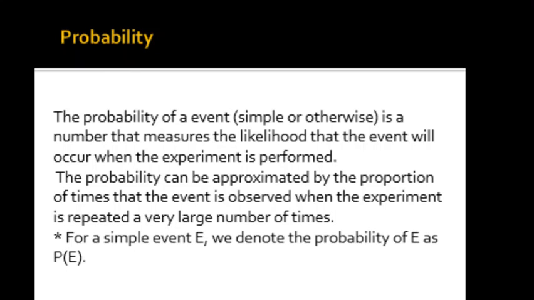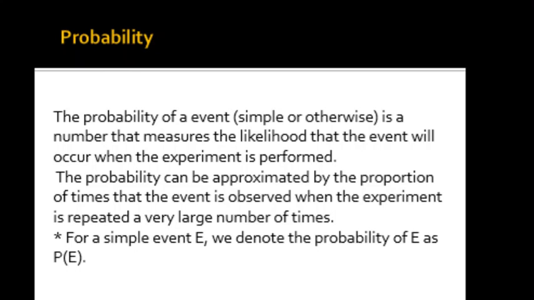So probability of an event is the number that measures the likelihood that that event will occur when an experiment is performed. That event could be a simple event, or it could be an event which is a combination of some simple events. Usually the probability will be approximated as a proportion of times that event occurs if that experiment was repeated over a large number of times.